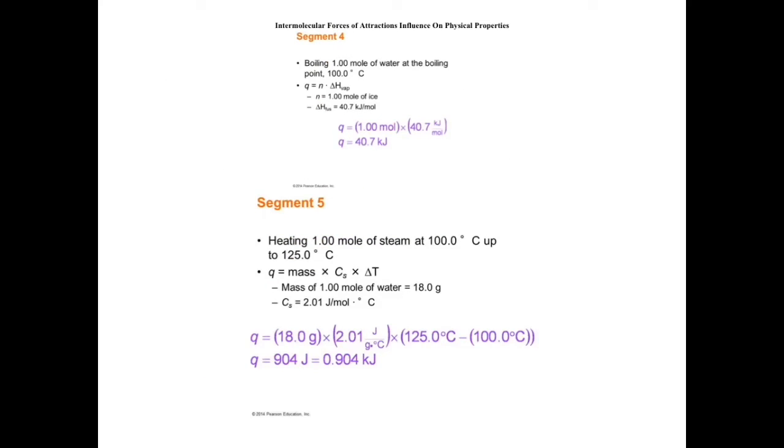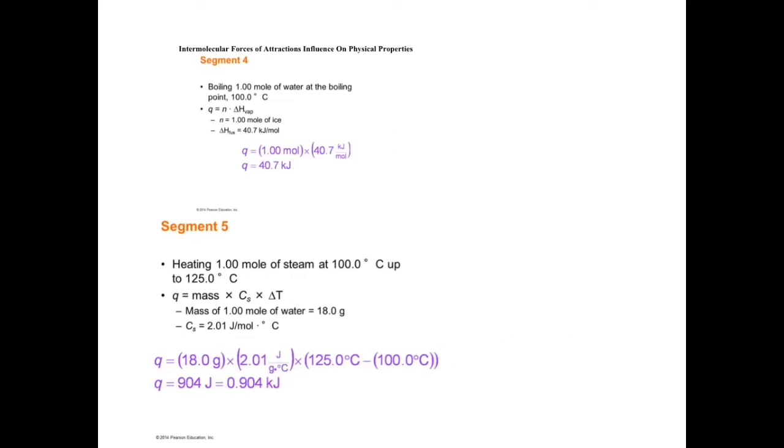And so for segment 4, again, I'm just going to continue to build on this. We have segment 1, segment 2, segment 3. Segment 4 is boiling.